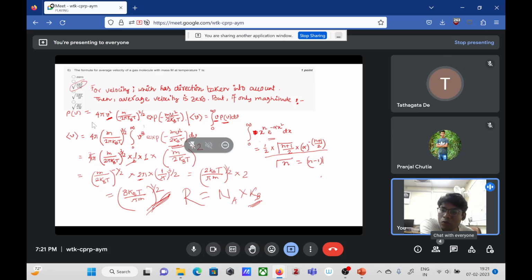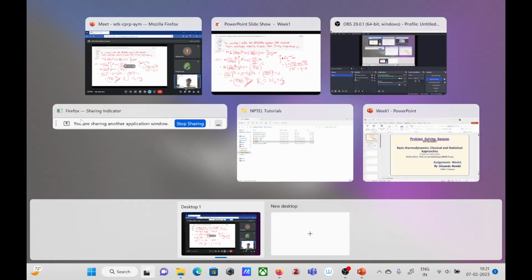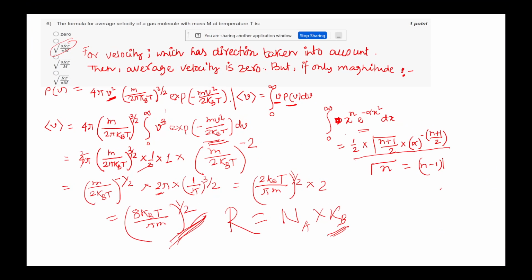For that we need to know about the distribution of these gas molecules, which is a special kind of distribution, called the Maxwell Boltzmann distribution.